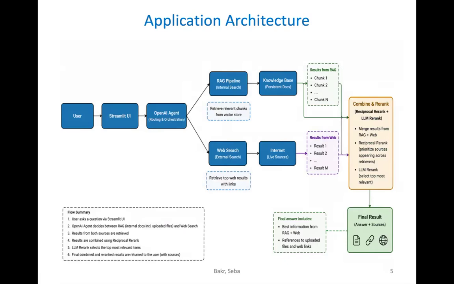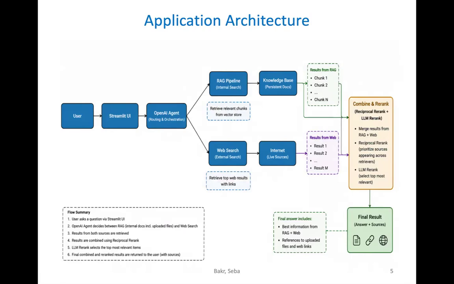This screen shows the application architecture. Here the user pushes his question through the Streamlit UI to the OpenAI. So he basically asks the question, and then the OpenAI agent will utilize both the RAG pipeline and the web search to retrieve the answer.